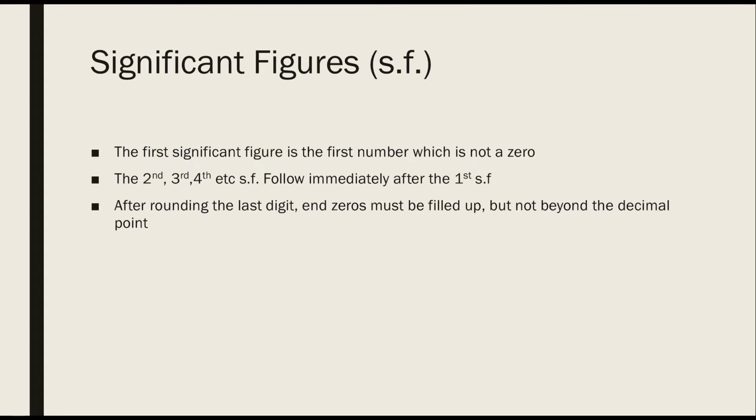Then the rest of the significant figures, so second, third, fourth, etc., follow immediately after the first, whether they are zeros or not. And then, after rounding the last digit, end zeros must be filled in up to, but not beyond, the decimal point.